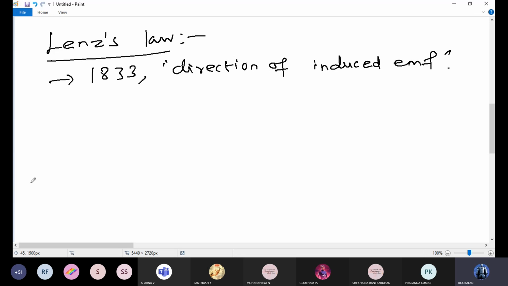Okay, listen. This is one coil, connected with a galvanometer. This is the current flowing direction. Now I will take one bar magnet.